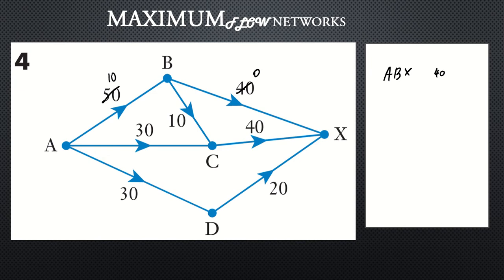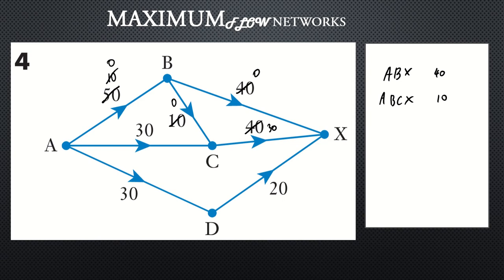And to make that point clear, we're going to choose another route now, which will be A, B, C, X. All right, so we're going to send some water through A, B, C, and then through to X, and you can see that we can get 10 units of water there, 10 units of water there, and then we can fit 30 in here. But because we're restricted at the start here, we can only send 10 units in. This would become 0, because the 10 units that we had left over from A, B, X is now being used. This goes down to 0 because we've used that, and we can also subtract 10 off there.